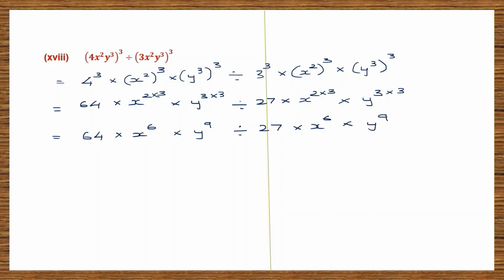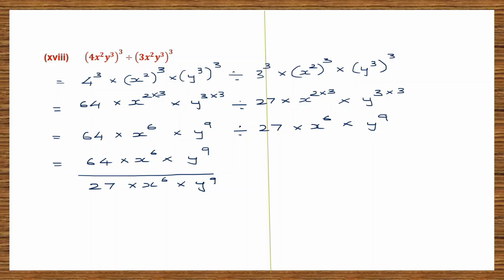So here now we have got this, and let's do the division now because it says division, isn't it? So 64 into x to the power of 6 into y to the power of 9 divided by 27 into x to the power of 6 into y to the power of 9.